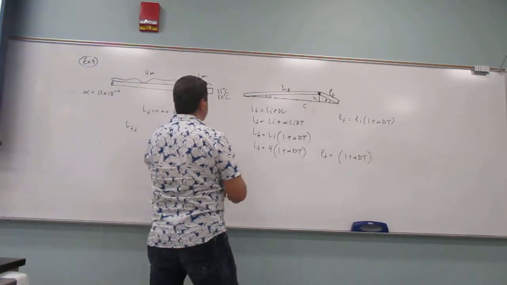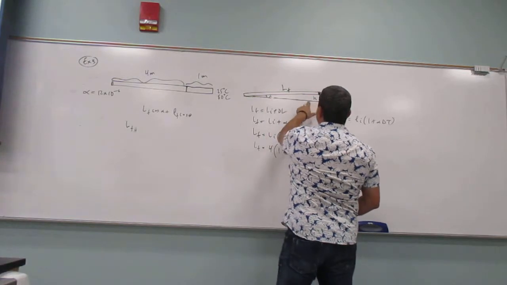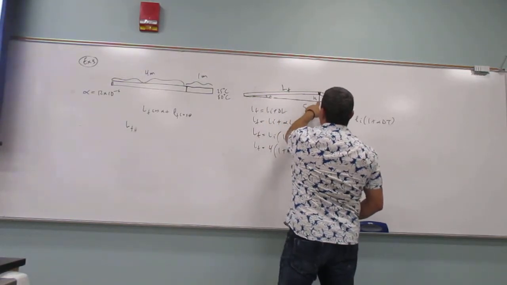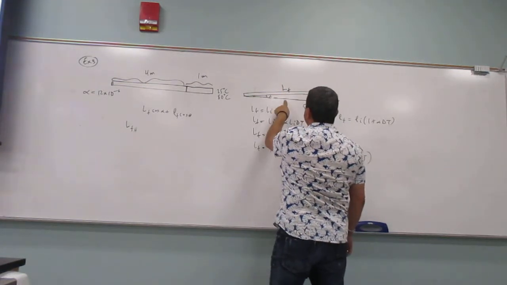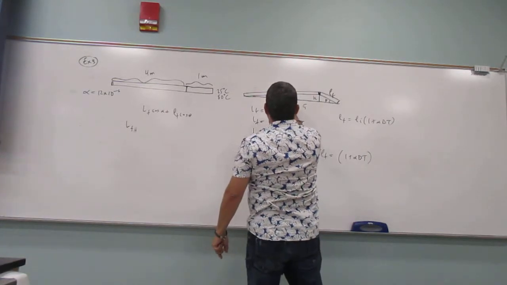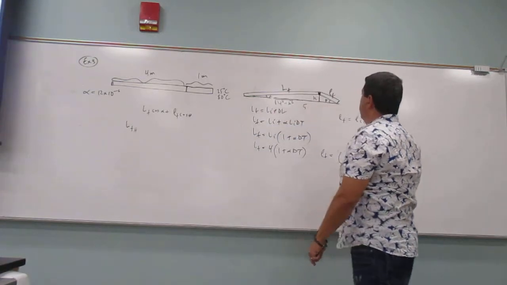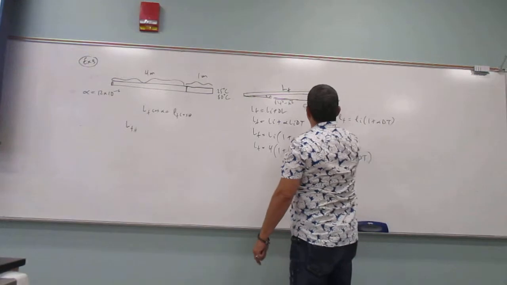Now, what's cosine of alpha? It's going to be this distance from here to here over that, right? Well, what is this distance? It's the square root of L final squared minus h squared, because this is a 90-degree angle.